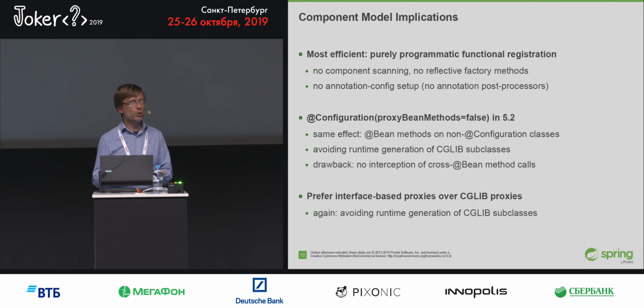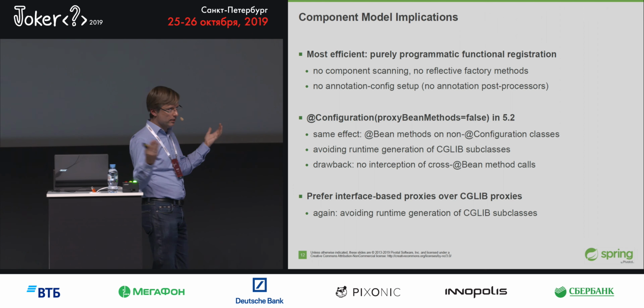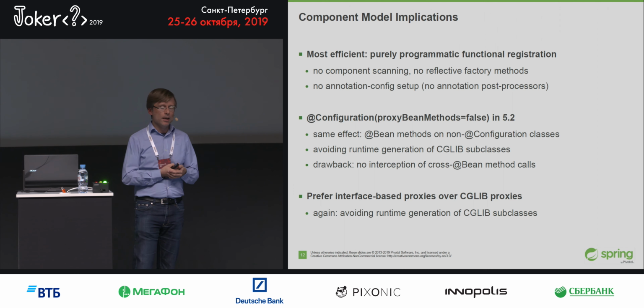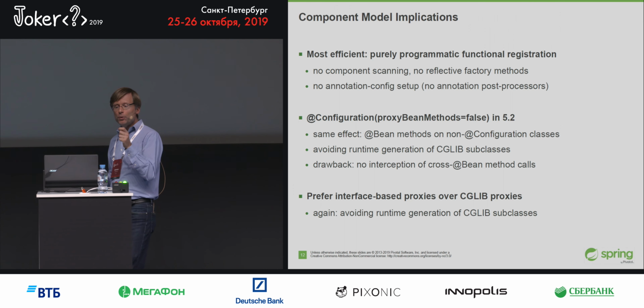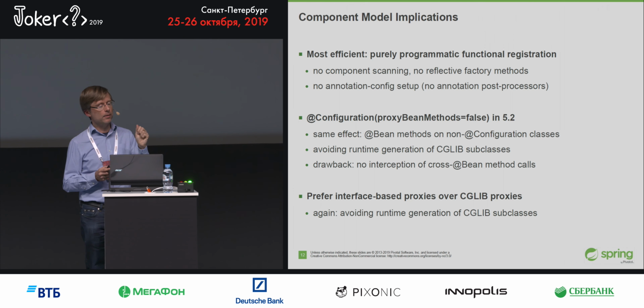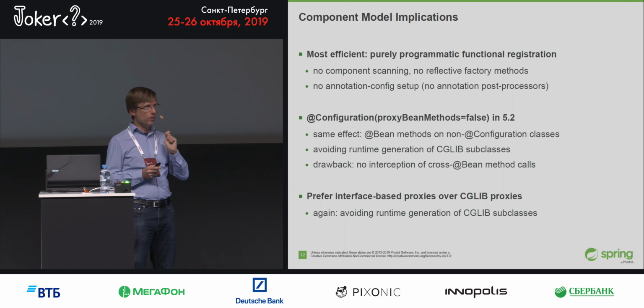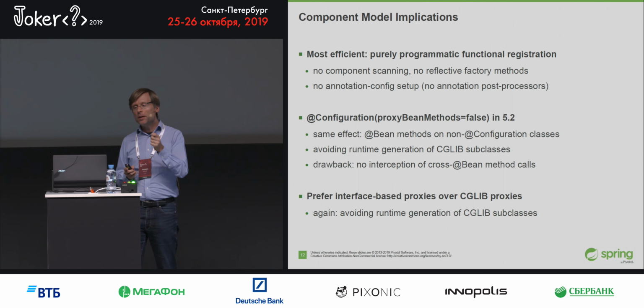We realize that most applications prefer to work with the annotation-based model, the larger they get in particular. Now, in the annotation-based model, there are a few new twists as well. A new one in 5.2 is that for configuration classes, you may choose to opt out of the CGLIB subclass generation.